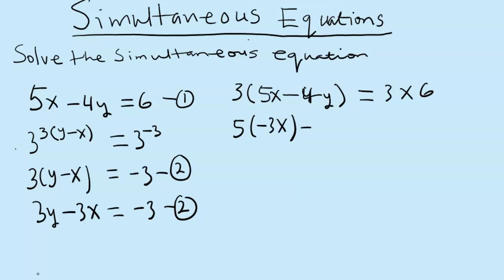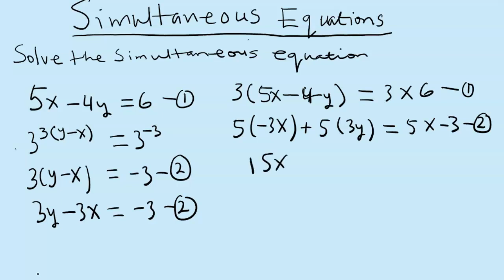And then plus 5 times 3y equals 5 times -3. So this is equation 1 and equation 2. When we do that, in equation 1, 3 times 5x will give us 15x, and 3 times -4y will give us -12y, and 3 times 6 gives us 18.